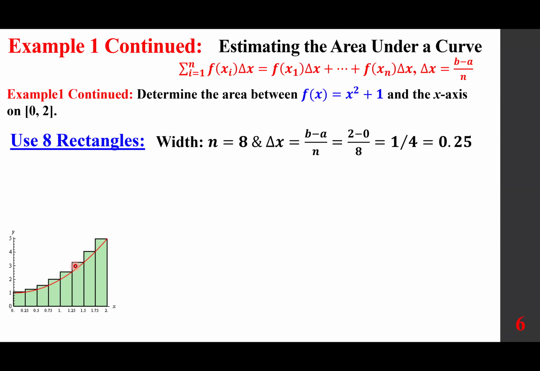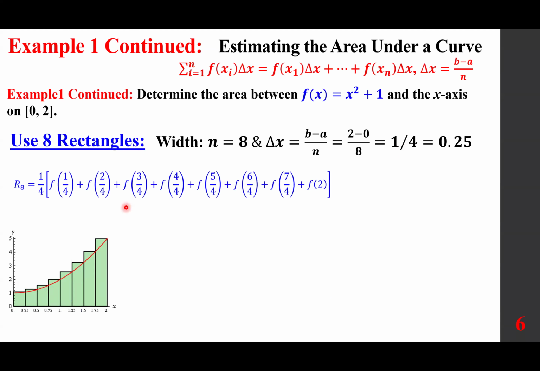And so delta x, this is the Riemann sum. Delta x is 0.25 or 1/4 times f of 0.25 or 1/4 plus f of 2/4 or 1/2 and all the way to the end. And on purpose, I'm using 2 over 4, 3 over 4, 4 over 4. Obviously, this means 1/2. And I put it into a calculator and I'm coming up with 5.1875.